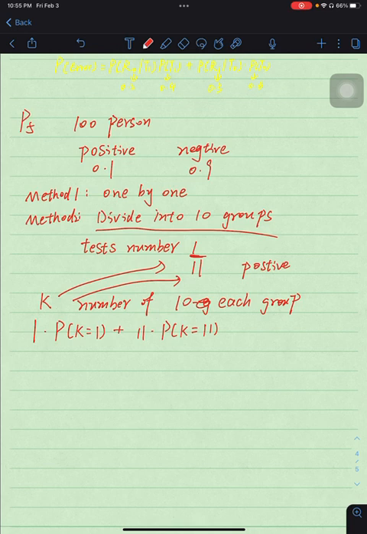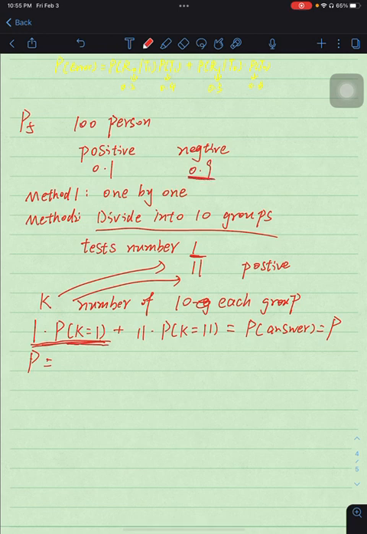So to get this, we need to know the answer. Let's call it P. How to get P? In the first part, that means all people are negative. All 10 people are negative.